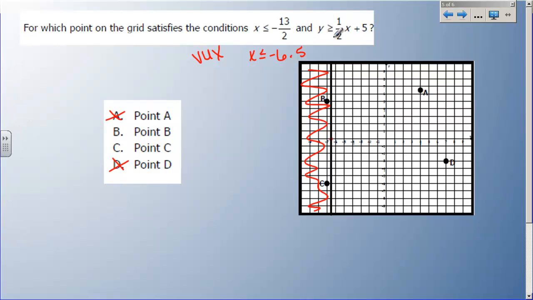So let's graph this line. I have y is greater than or equal to 1/2 x plus 5. Well, that y-intercept is 5 right here, and my slope is 1/2, which means up 1 over 2. Because this also has an or equal to, I get to draw a solid line for that one. So I'm going to draw a solid line through those points.